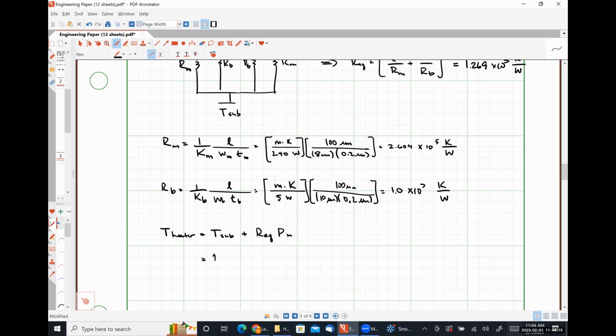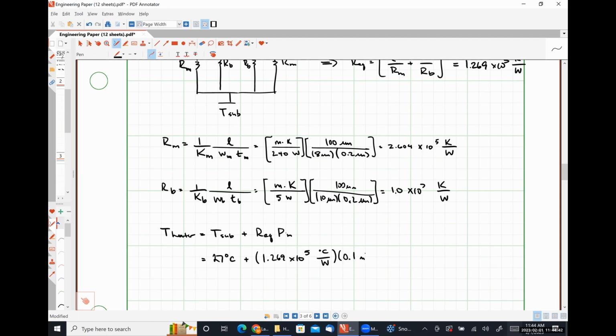And so this is going to be 27 degrees Celsius plus 1.269 times 10 to the 5. Let's call this degrees Celsius per watt. Since 1 Kelvin is 1 degree Celsius, I feel like that's a pretty fair conversion.